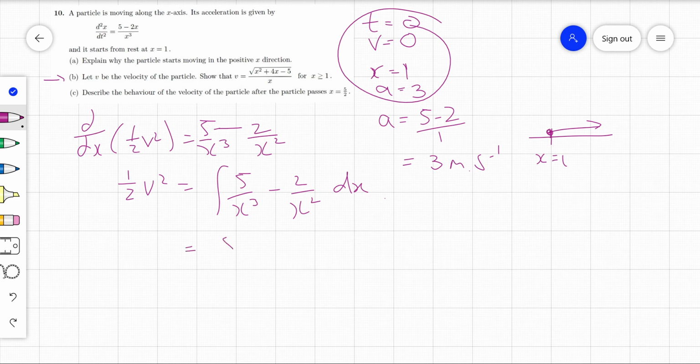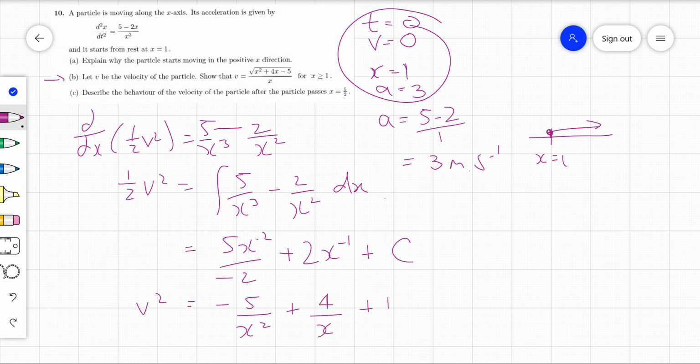All right, so that is 5 times x to the minus 3, so we've got minus 2 on minus 2, and minus 2 times x to the minus 2, add 1, so minus 1 on minus 1, so that'll be a plus. If I make v squared the subject, I multiply everything by 2, so I get a minus 5 on x squared, the 2 disappears, and this becomes 4 on x, plus 2 lots of c, or I'll just call it d.